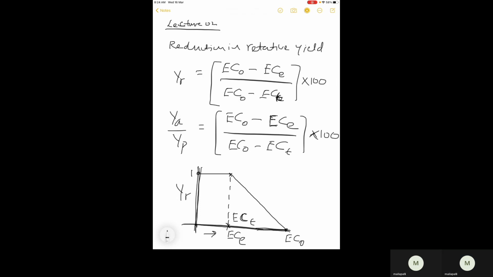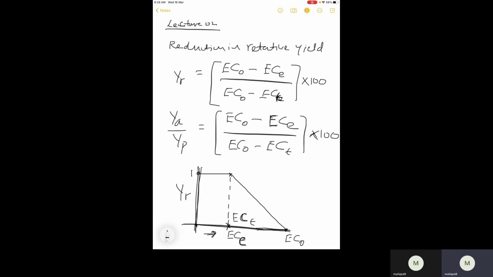Here you can observe three terms. One is ECE, the actual, present, or current soil salinity. When you increase that, up to a certain point the yield is not going to decline.